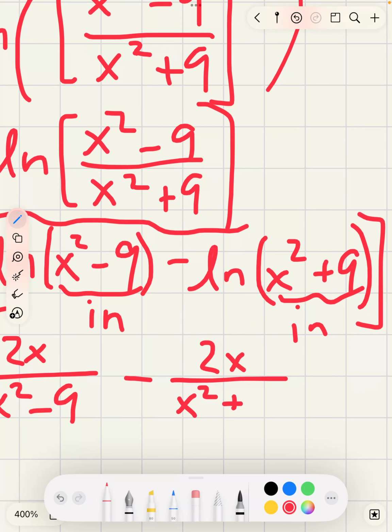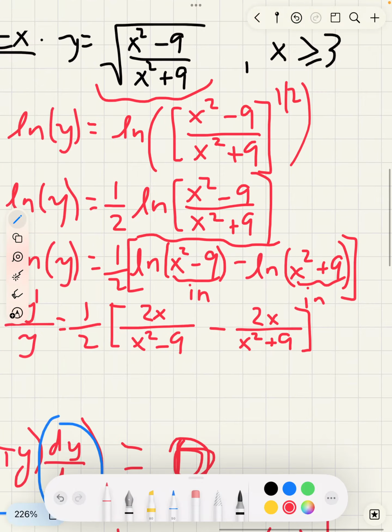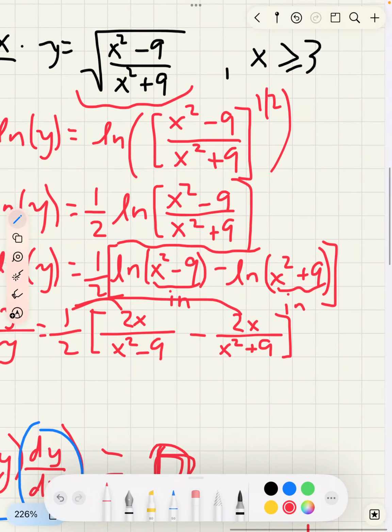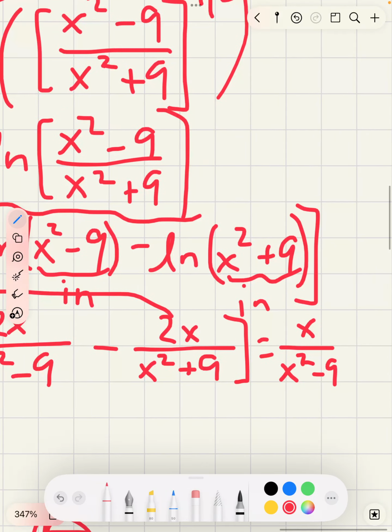And then if I were to distribute this 1/2 to each of these terms, I could just write this as x over x squared minus 9 minus, running out of room there, x over x squared plus 9.